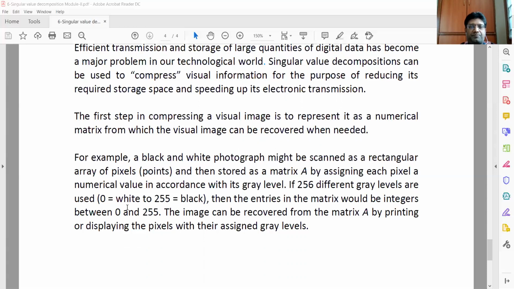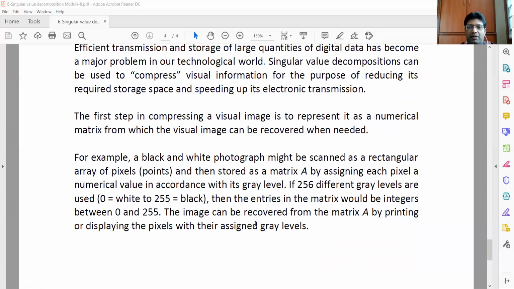For example, a black and white photograph might be scanned as a rectangular array of pixels and then stored as a matrix A by assigning each pixel a numerical value in accordance with its gray level. If 256 different gray levels are used, 0 is used for white, 255 is used for black, then the entries in the matrix would be integers between 0 and 255.